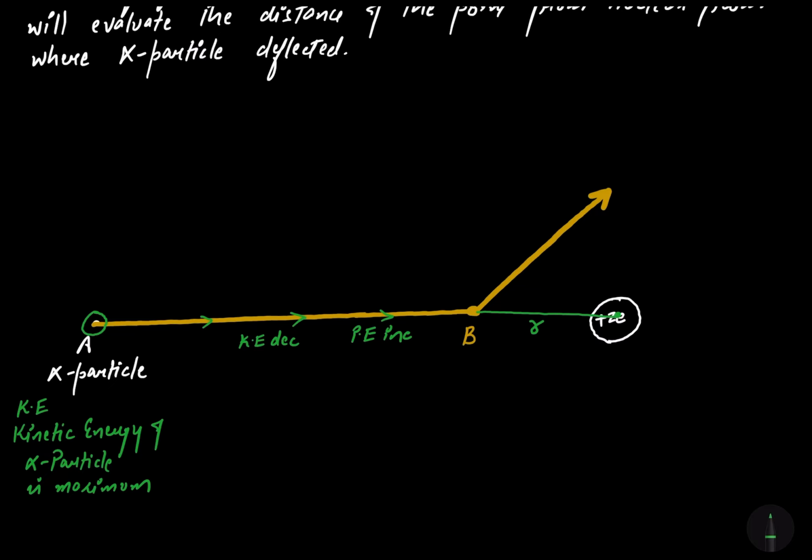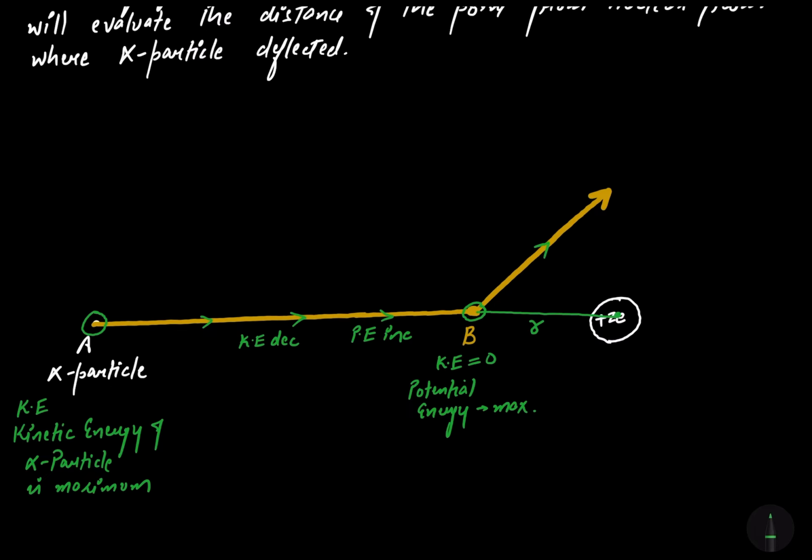Now when the alpha particle approaches the point B, here at point B, the alpha particle will stop for the fraction of second. When the alpha particle stops for the fraction of second, its kinetic energy becomes 0 and its potential energy will be maximum over here. Now from point B, this alpha particle will be deflected.